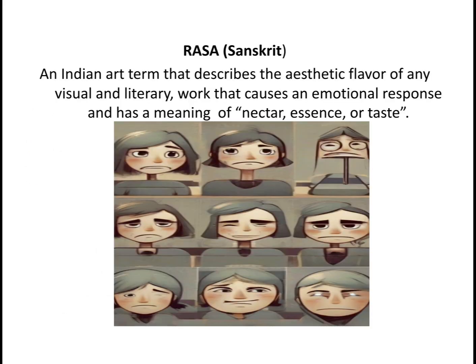But what is rasa in Sanskrit? It is mainly an Indian art term that describes the aesthetic flavor of any visual and literary work that causes an emotional response and has a meaning of nectar, essence and taste.